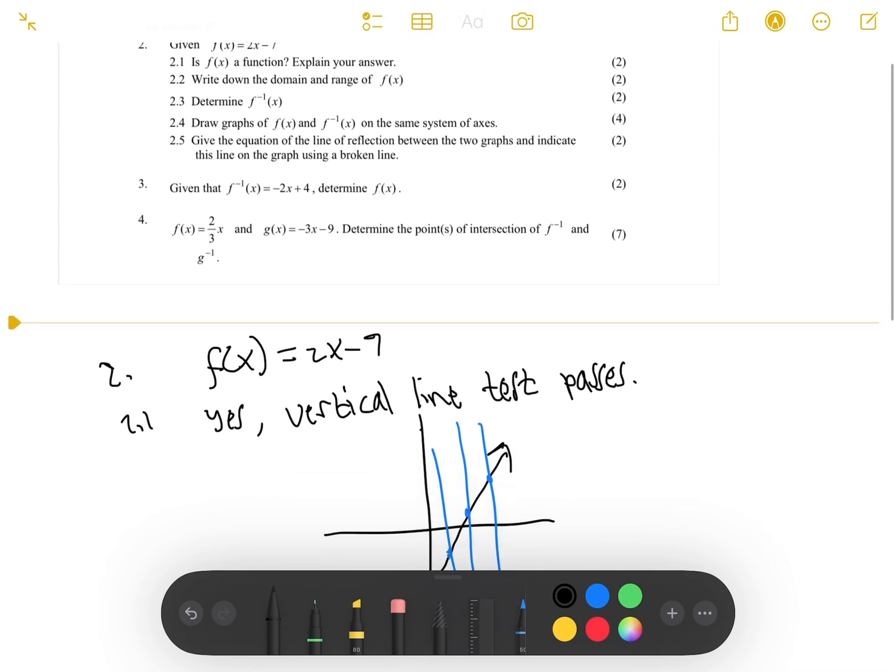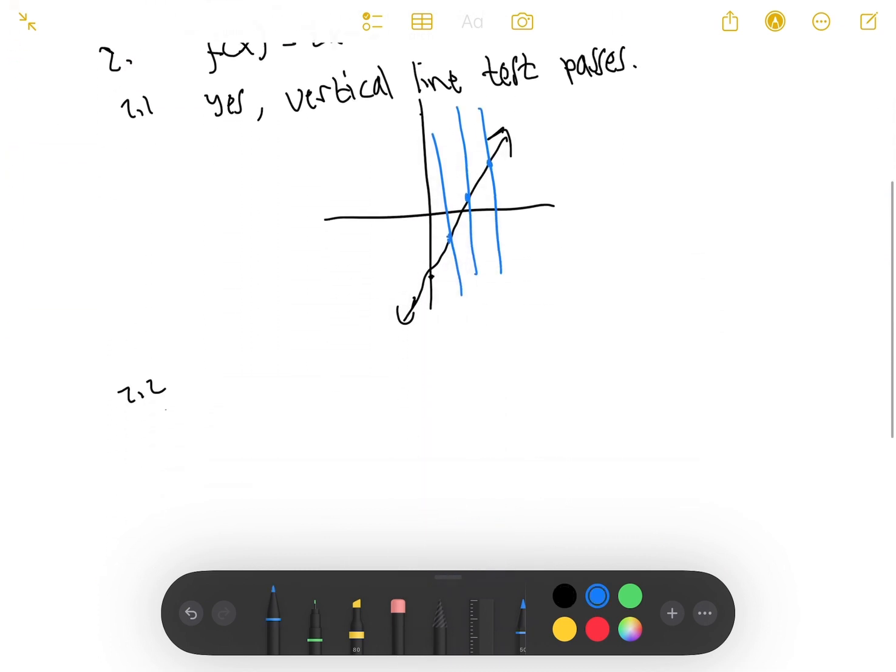You're asked to write down the domain and range of f of x. Let's start with the domain. The domain is basically x is an element of the real numbers. Why is that? If you look at the x values on the xy plane, they go infinitely to the left and infinitely to the right.